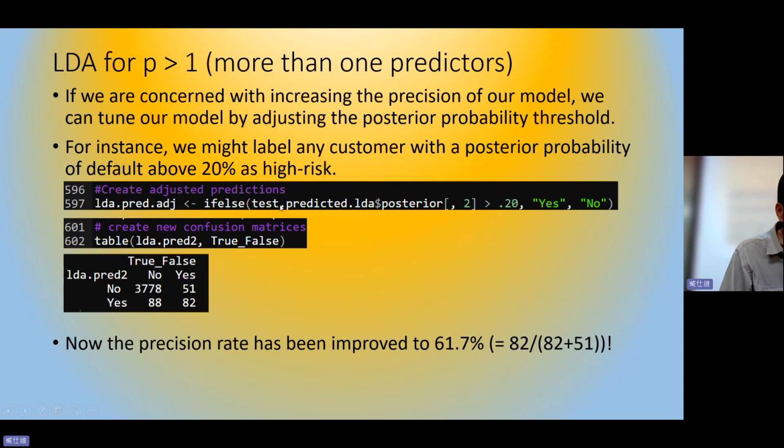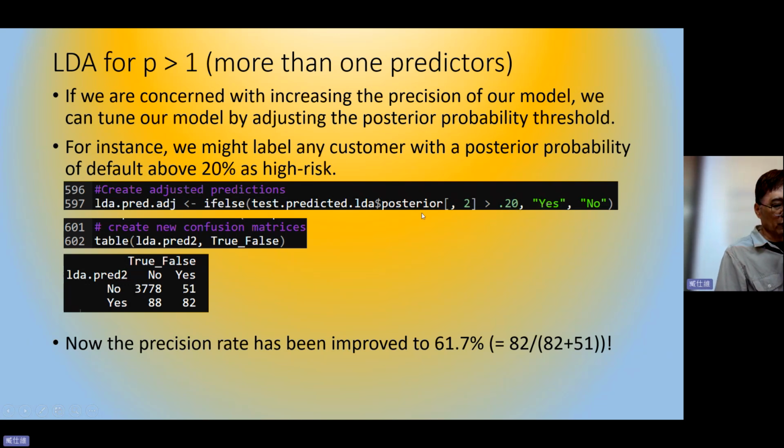That means tested.predicted.LDA$sign, we have a posterior here, and you have to specify that it is greater than 0.20, which is 20%.